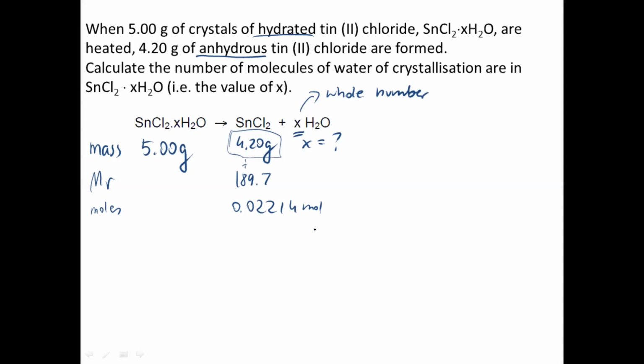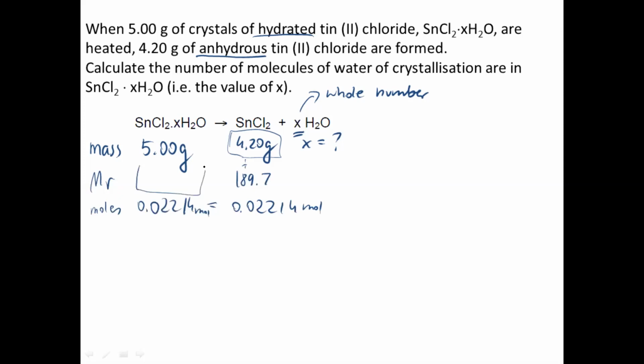Okay, so what you then can do is you can think of it as an Mr. Okay, so you know what, let's do it first the ChemSheets way. Okay, so that's your moles. So that also equals the moles of this, right? 0.02214 moles, so that also equals the moles of that, right?